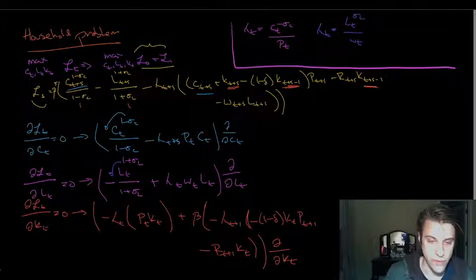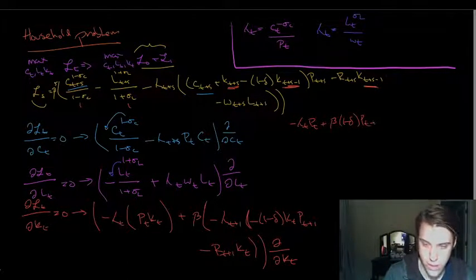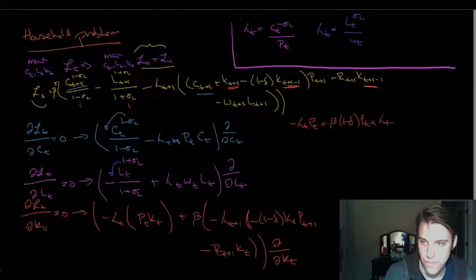Okay, derivative of the first part, we're going to get minus lambda t pt. And then on the second part, in this first thing, we have minus, so we're going to have minus lambda t plus 1, minus 1 minus delta pt. So we're going to have plus beta 1 minus delta pt plus 1, lambda t plus 1, pt plus 1, lambda t plus 1.